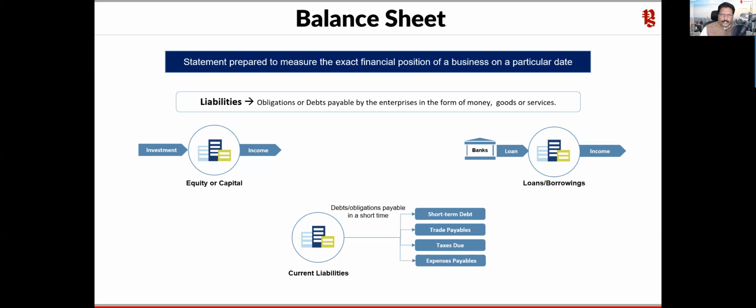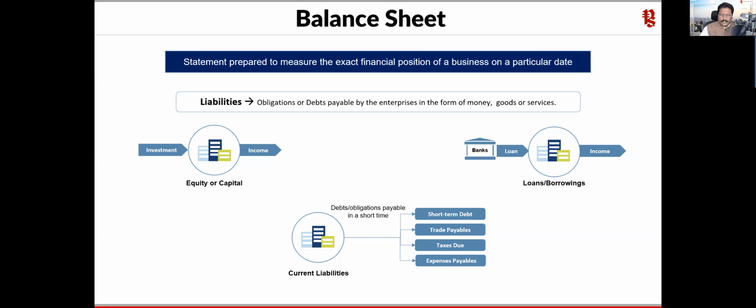Now, if you could recollect in our business processes, we had discussed one of the accounting transactions that you should make, which is the provisional entries, right? So those are the liabilities.